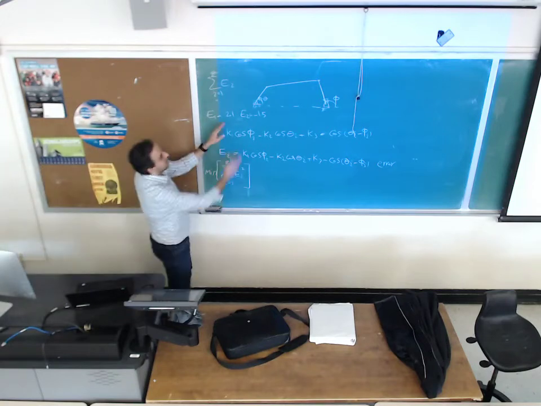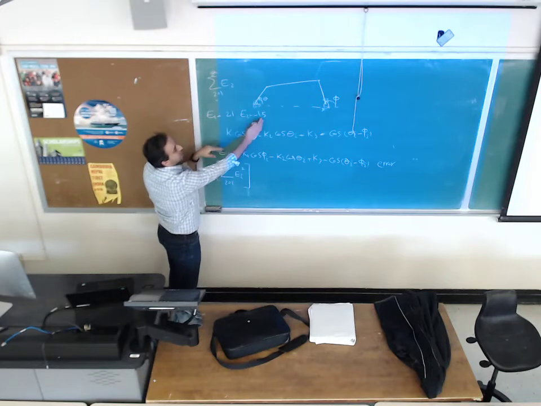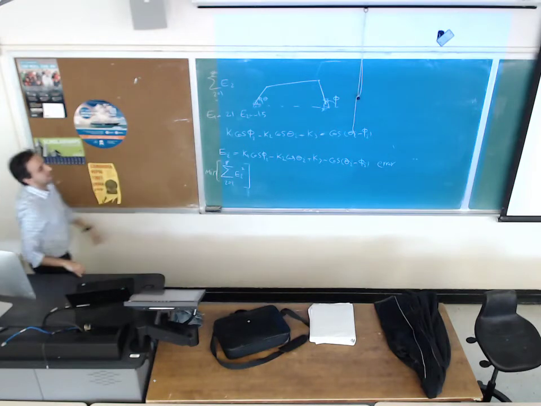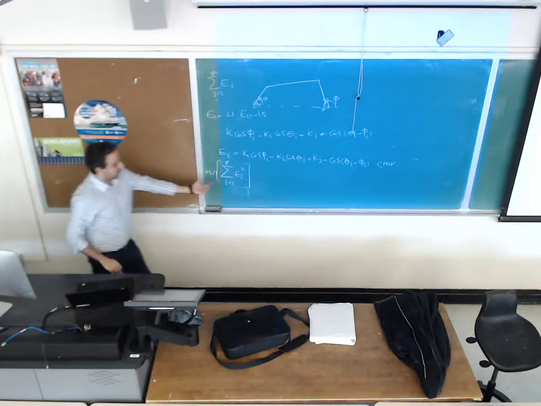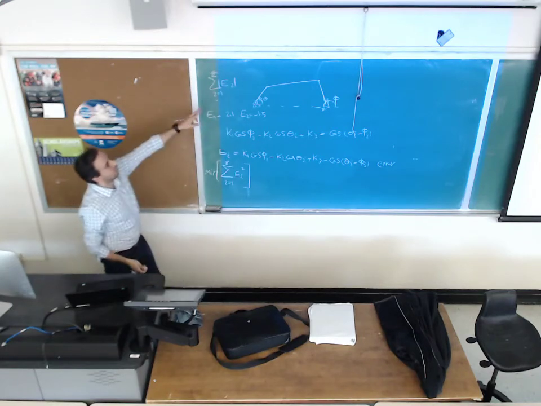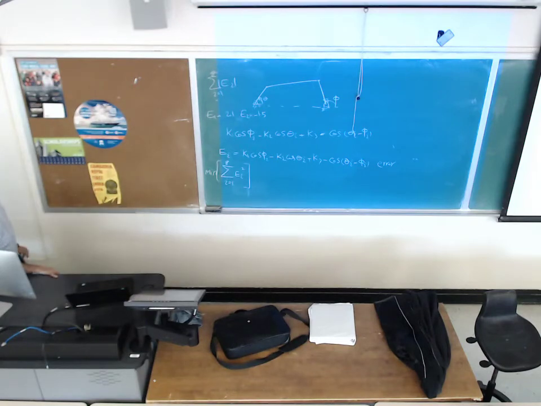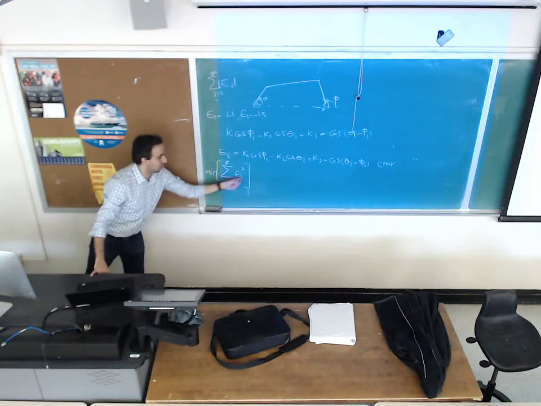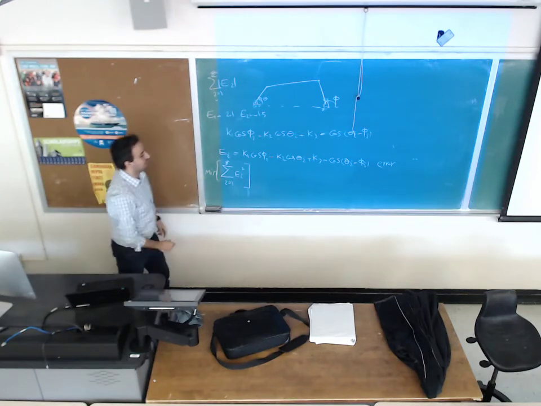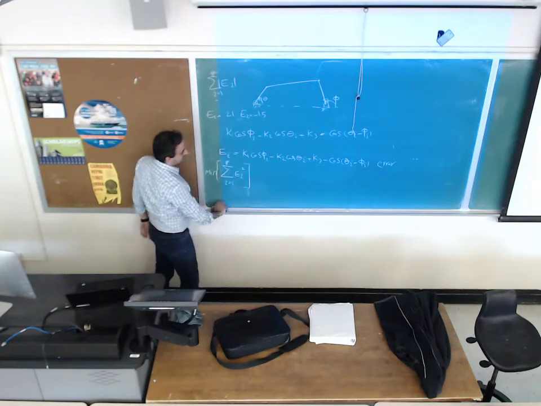But the reality is we don't want to do that, because this is the error, and this is the error. We should treat them as positive. So I can use the absolute value, but again, I don't want to deal with the absolute value, because I cannot differentiate that to optimize it. So I introduce the summation of the square of the error, to get rid of the sign. That's the reason I'm going to use this.